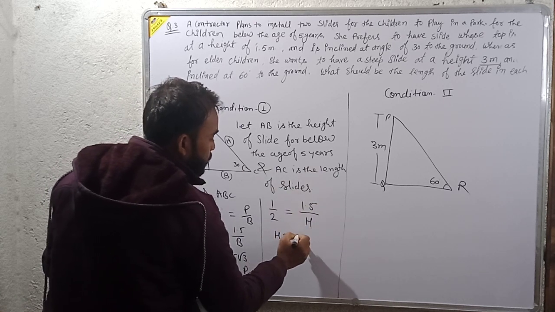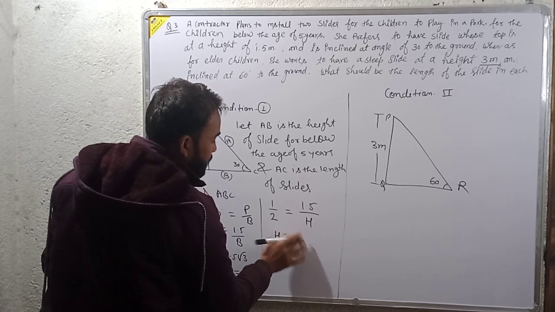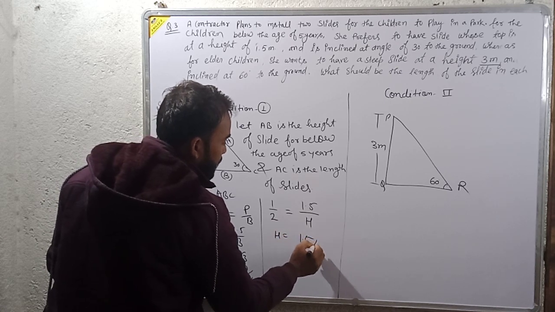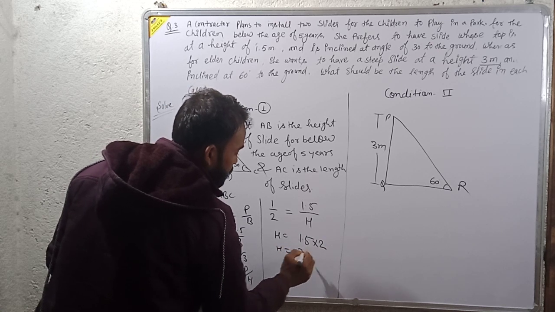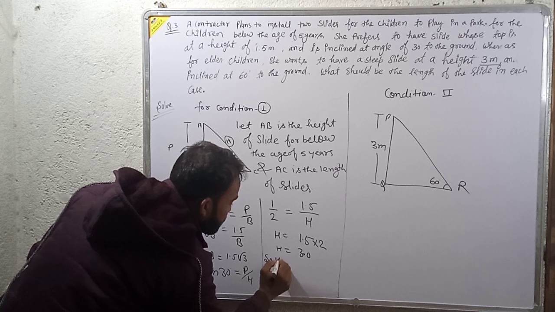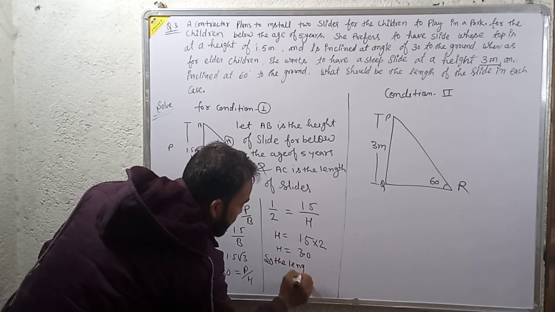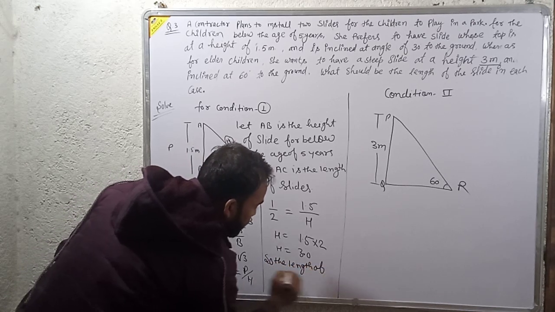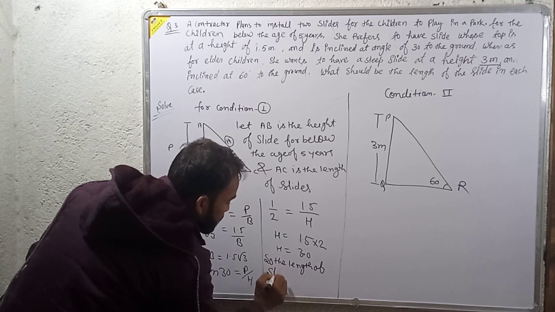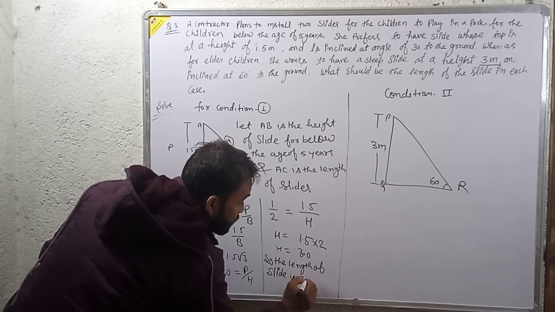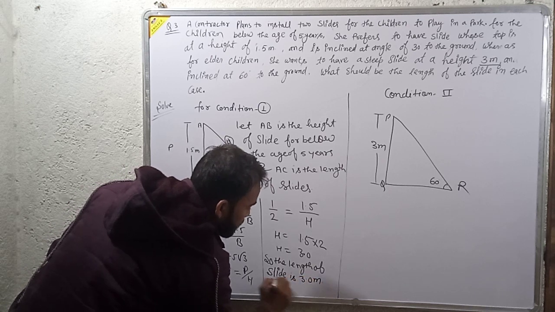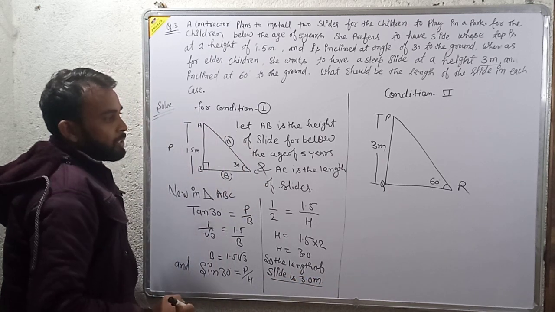Hypotenuse is equal to 1.5 multiplied by 2, that means 3.0. So the length of the slide is 3.0 meter for the first condition.